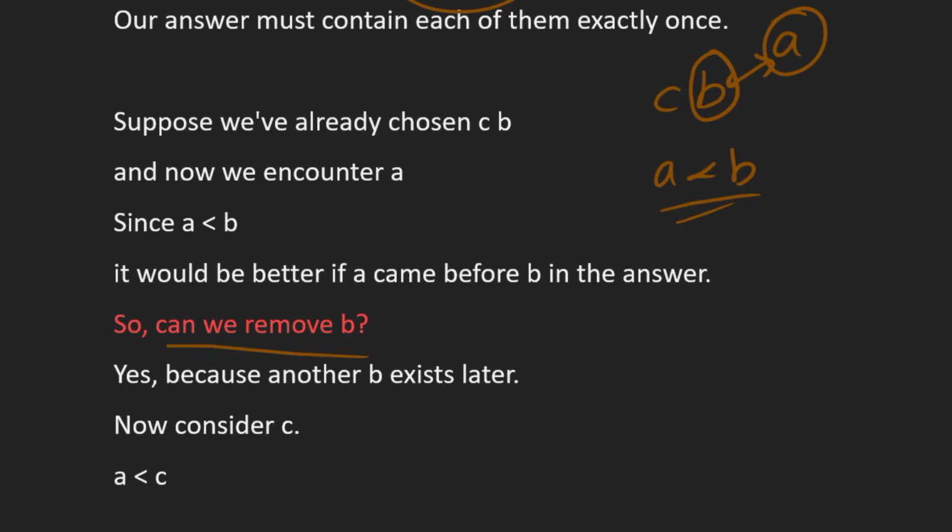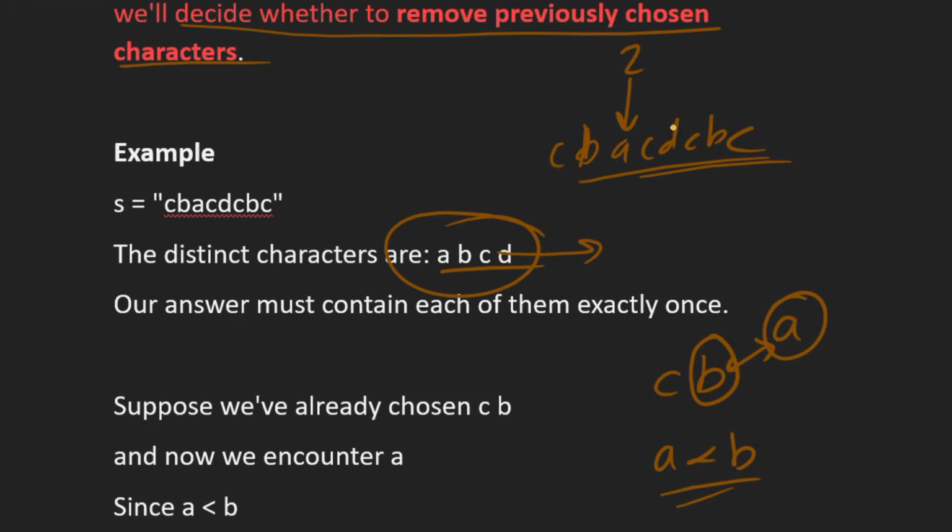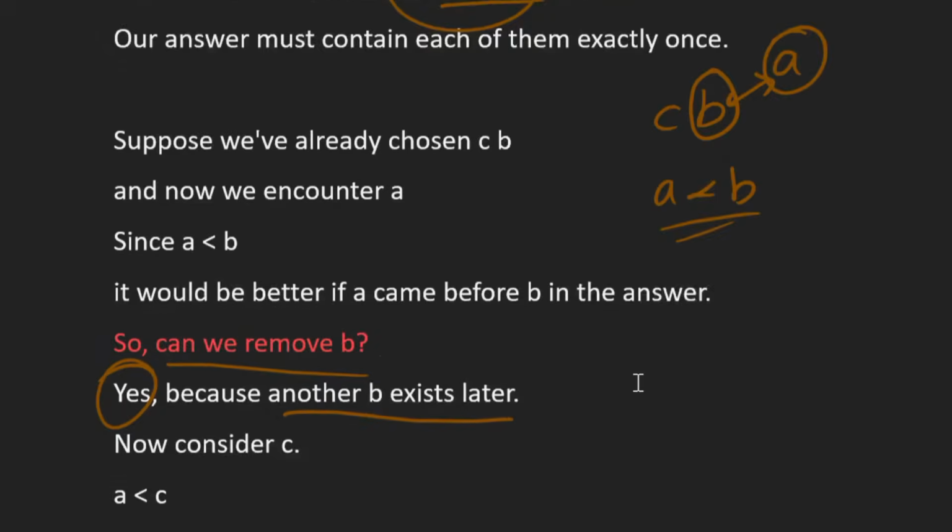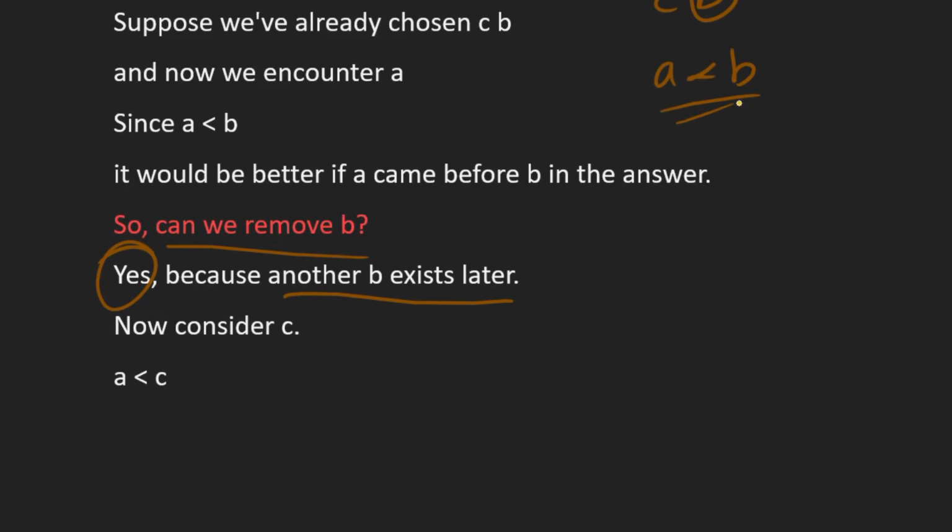The answer is yes, we can remove it, because another b exists in the string later. Even if we remove this b, we can take it later. So we removed this b from the answer.